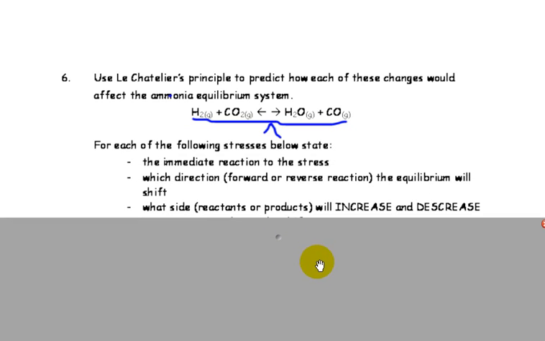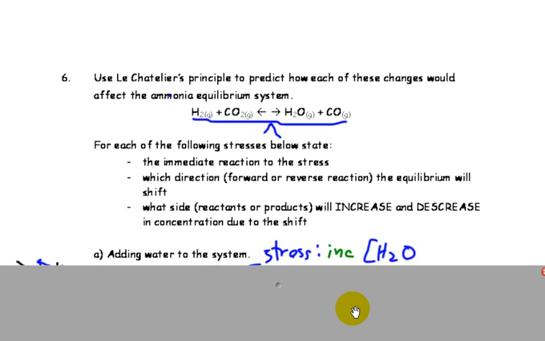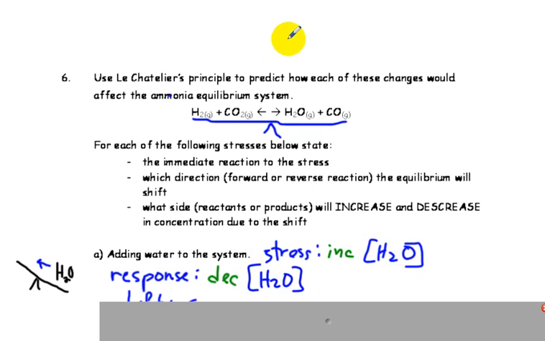Okay, we'll look at the next one. So again, what's the stress, what's the response, the shift direction, and what increases and decreases. Adding water. So you can see water is over here on the right. If we add water to the system, it becomes heavy on the right-hand side. So the stress of increasing water would try to be relieved by reducing the water, using up that extra water.